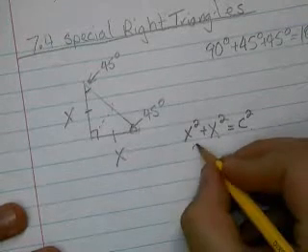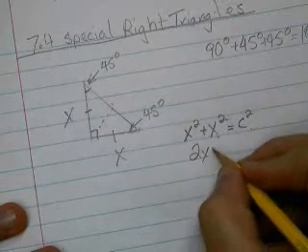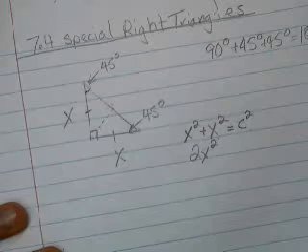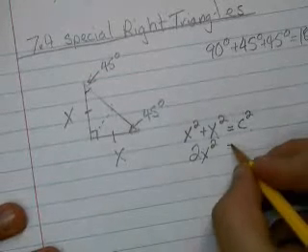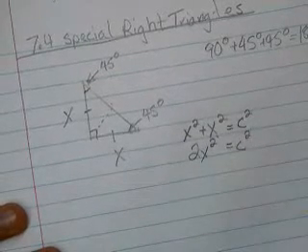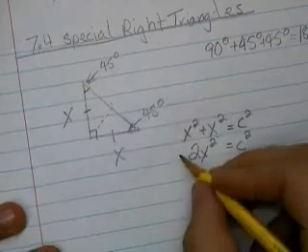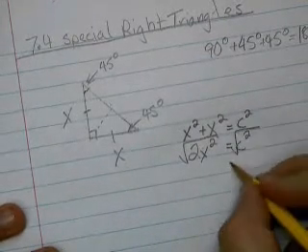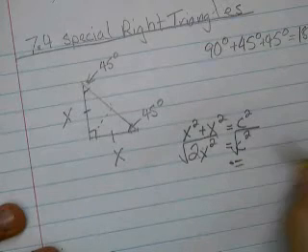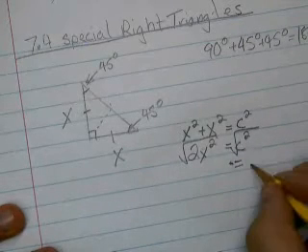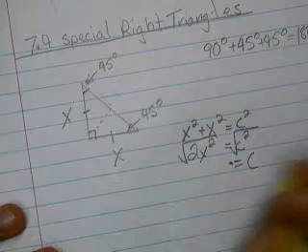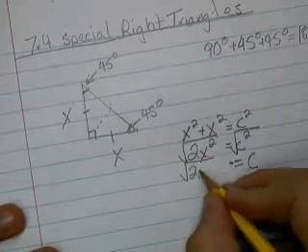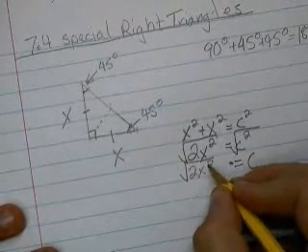Well, that is actually 2x squared, because I have 2 x squareds, equals c squared. But I want to know what c is, so I take the square root of everything. Well, when I take the square root of everything, I get the square root of c squared is just c. And over here, I get the square root of 2 times x squared.